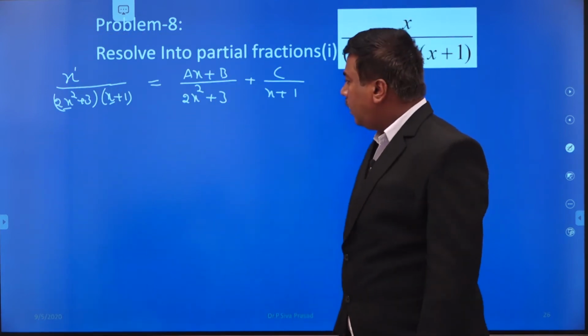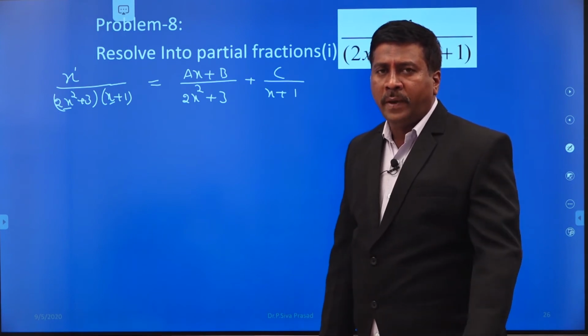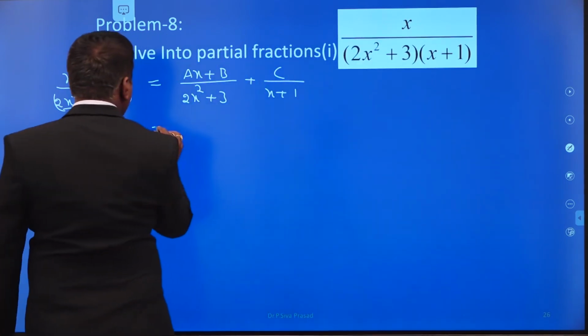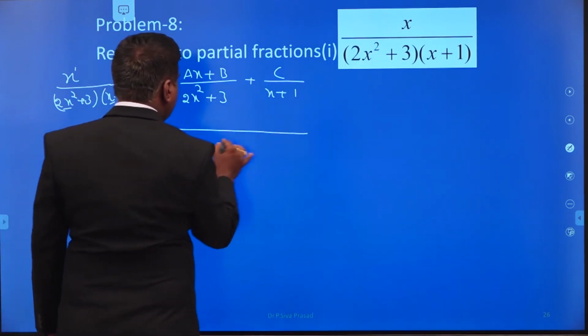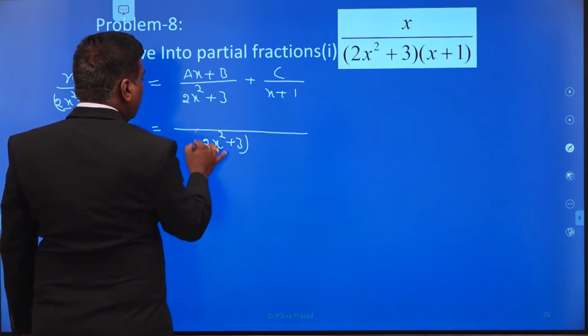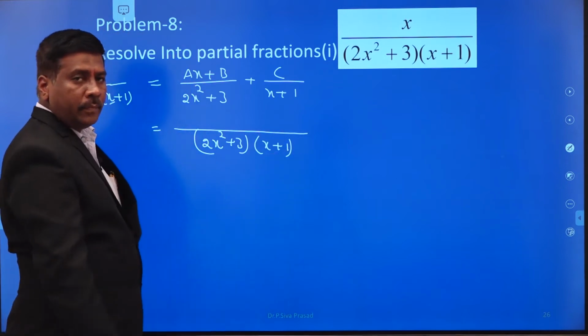Allow me to make one point. Whatever the mechanism you followed while solving the previous problems, here also you have to do the same. On the right hand side, take the LCM, that is (2x² + 3)(x + 1).